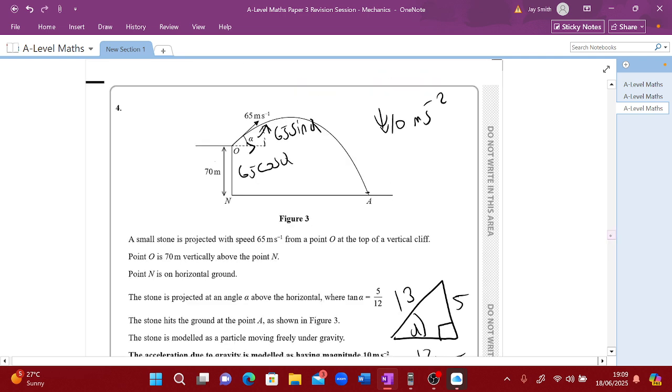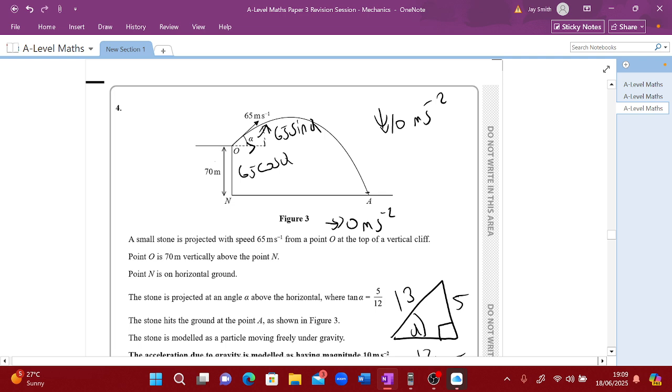All the acceleration is vertical because it's gravity. Horizontally there is no acceleration, so it's zero. That means if you were to integrate 0 with respect to t, to get the velocity, it would still be a constant. So you'd get 0 plus c, where c is a constant. So it's constant speed, which means the speed is the same horizontally all throughout.